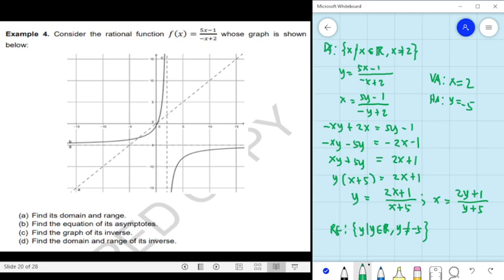Even in the drawing, you can see that the horizontal asymptote is y equals negative 5, and x equals 2 is the vertical asymptote.